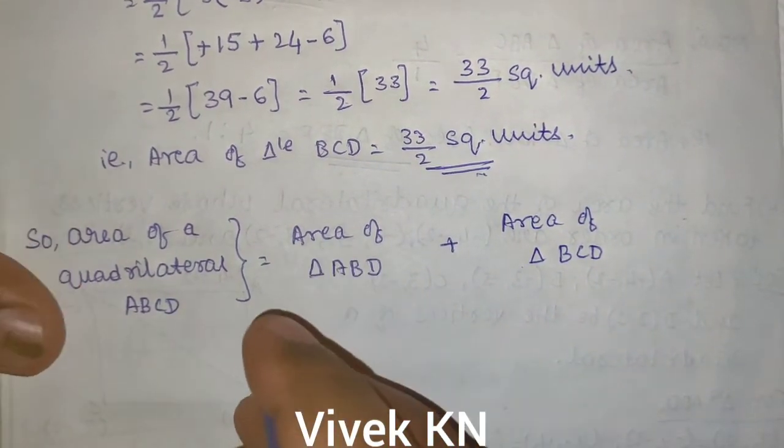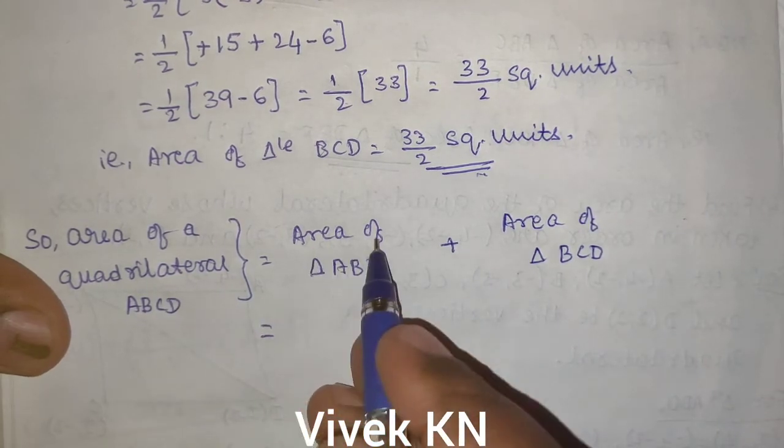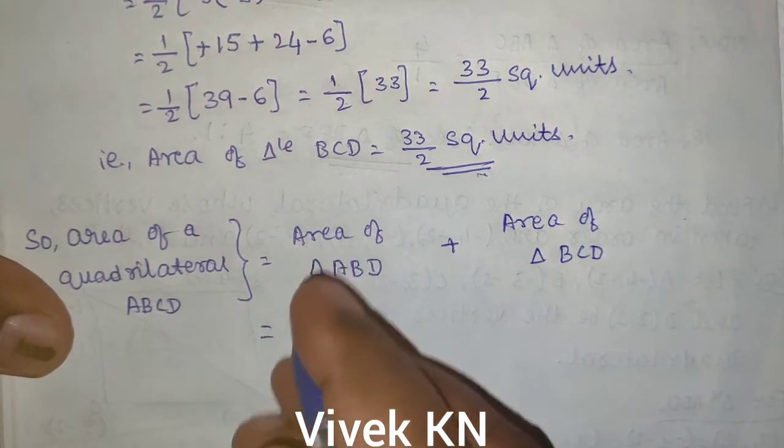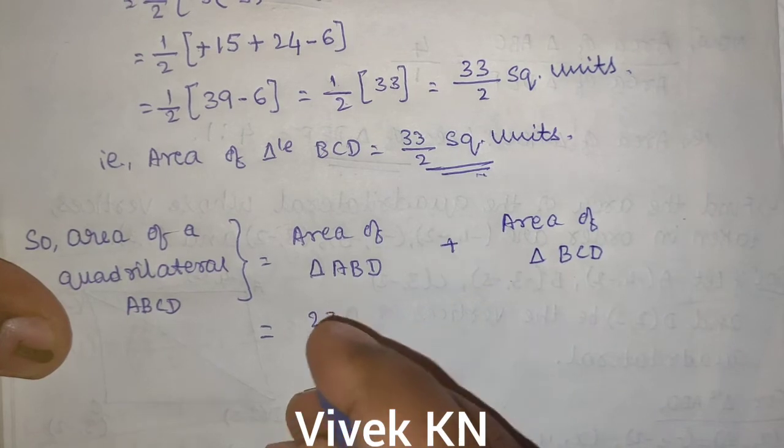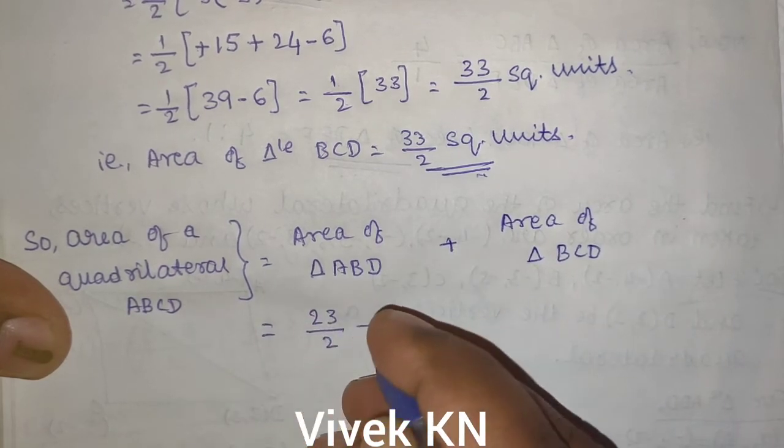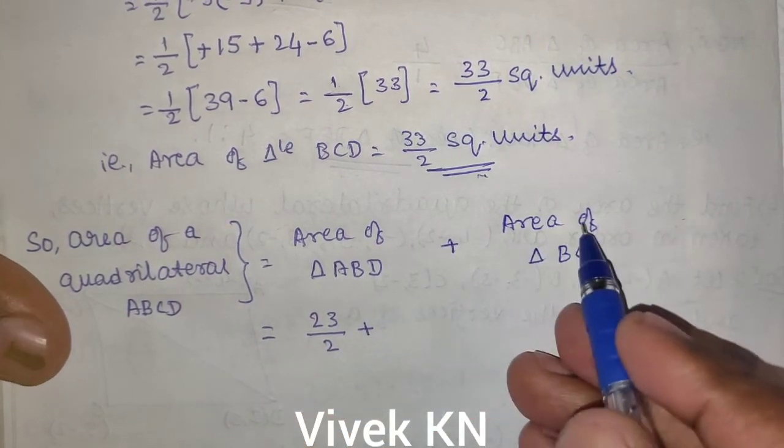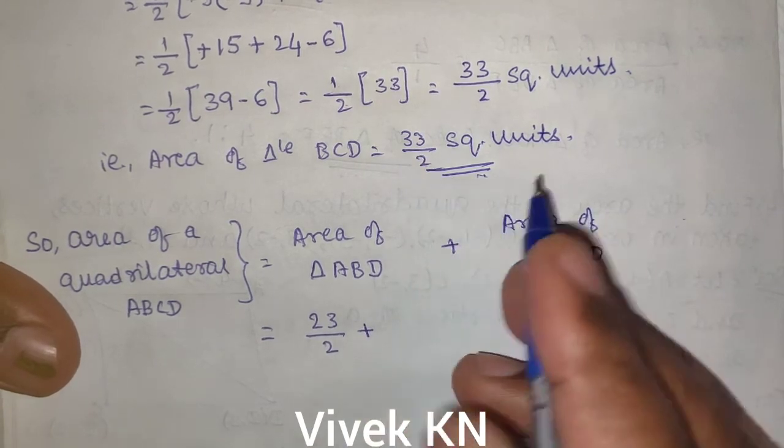That is, the value of area of triangle ABD is 23/2 plus the area of triangle BCD is 33/2.